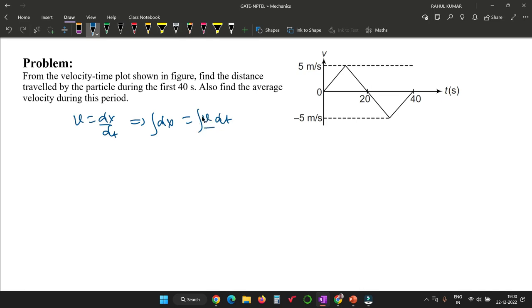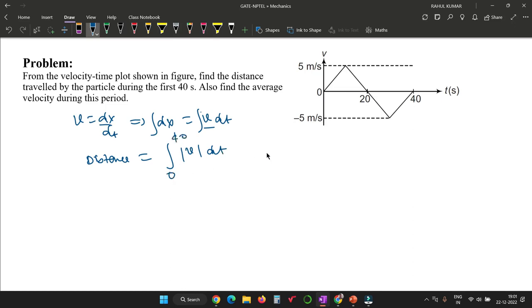If you want to determine the distance, then you have to find the area under the VT diagram but take v as a modulus, then you will get the distance traveled. So it is a very easy problem.